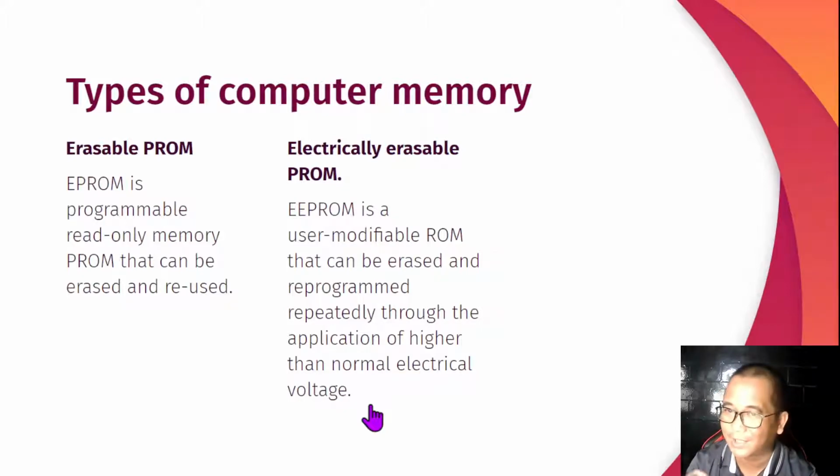Pero itong electrically erasable ROM, ang ginagamit naman sa kanya ay kuryente. Okay, higher than normal electrical voltage at hindi na kinakailangan i-remove yung device, nakakabit siya sa motherboard. Hindi na siya kailangan tanggalin. Okay? So, doon na lang talaga pwede mo na siyang i-reprogram.